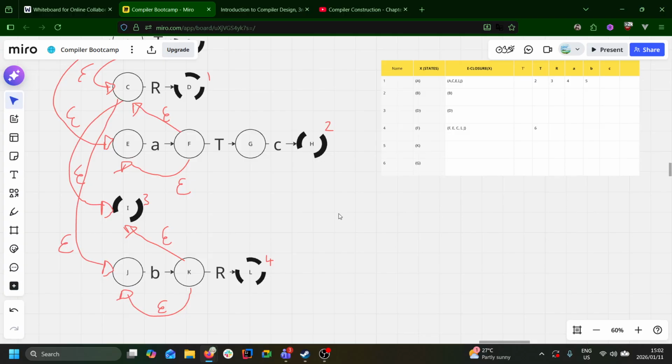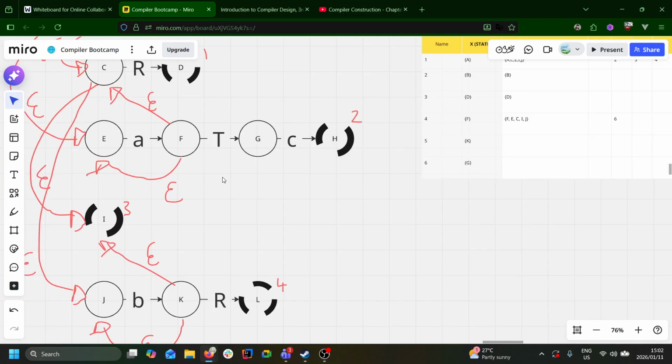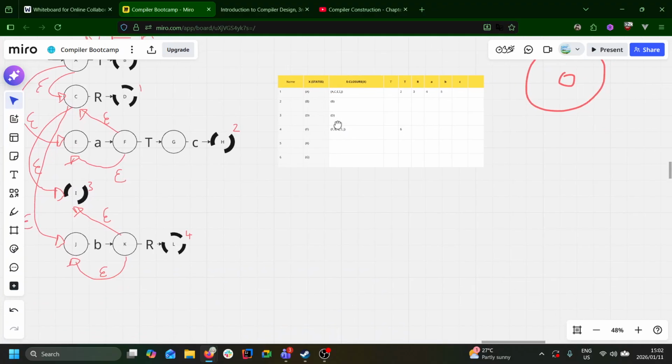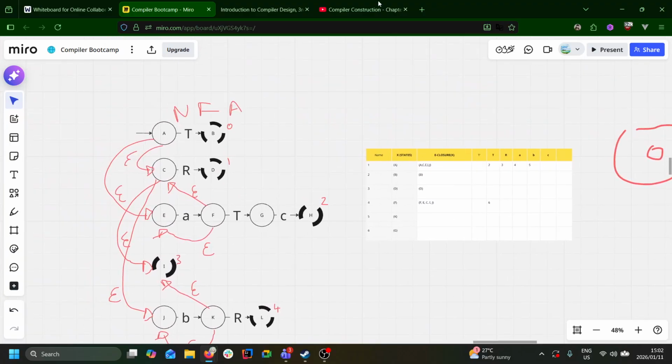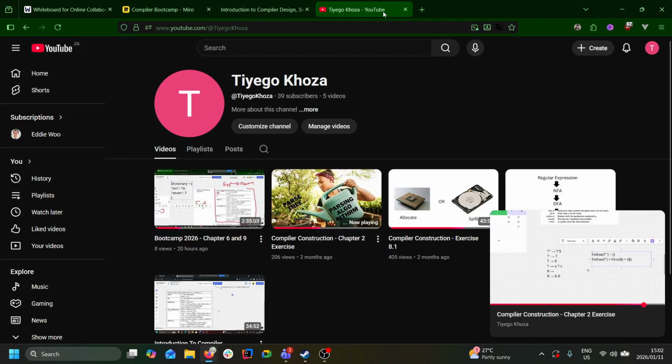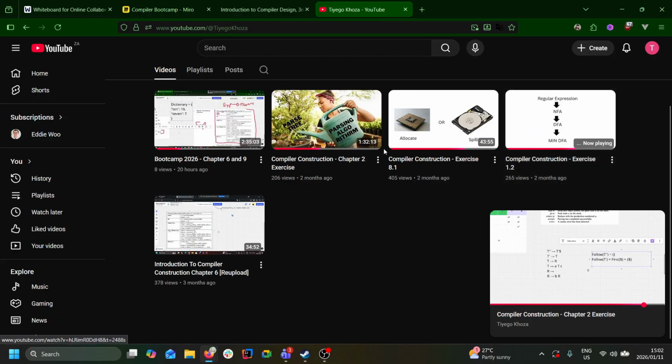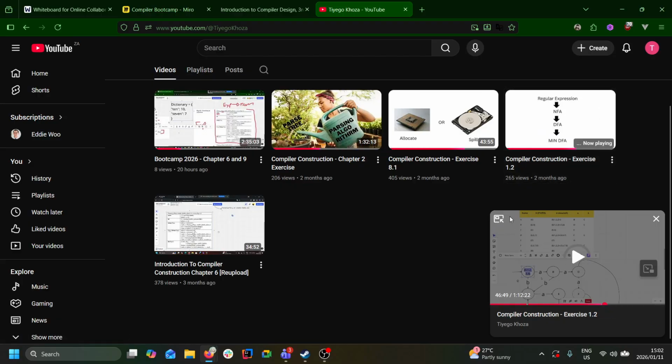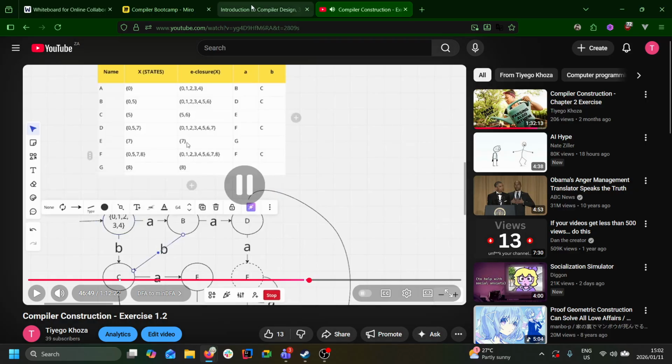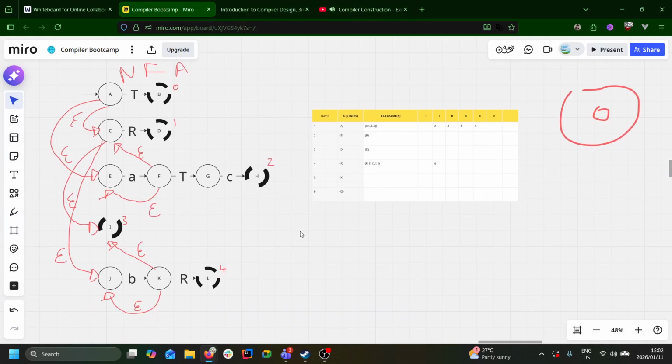The most difficult thing about SLR is converting this NFA into a DFA, so knowing how to properly convert the NFA to a DFA is key. The only way to do it fast is through practice and also making sure that you don't make a mistake. But yeah, it's very frustrating.